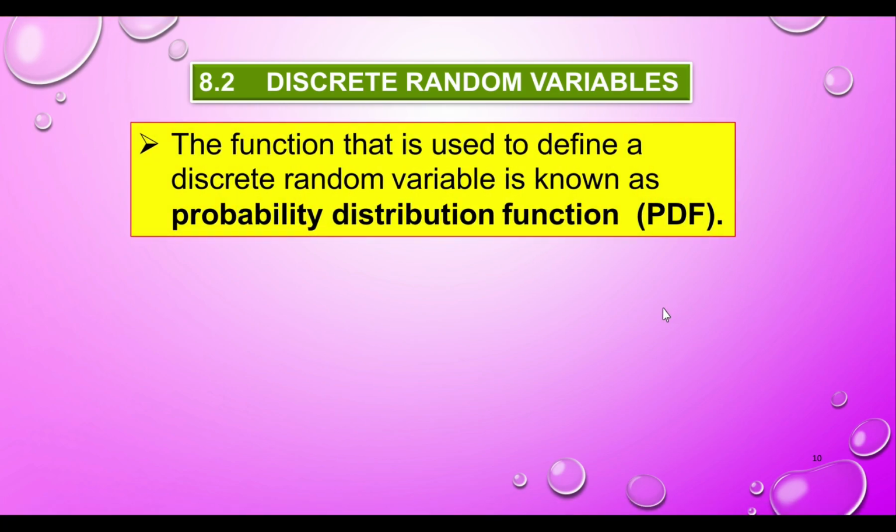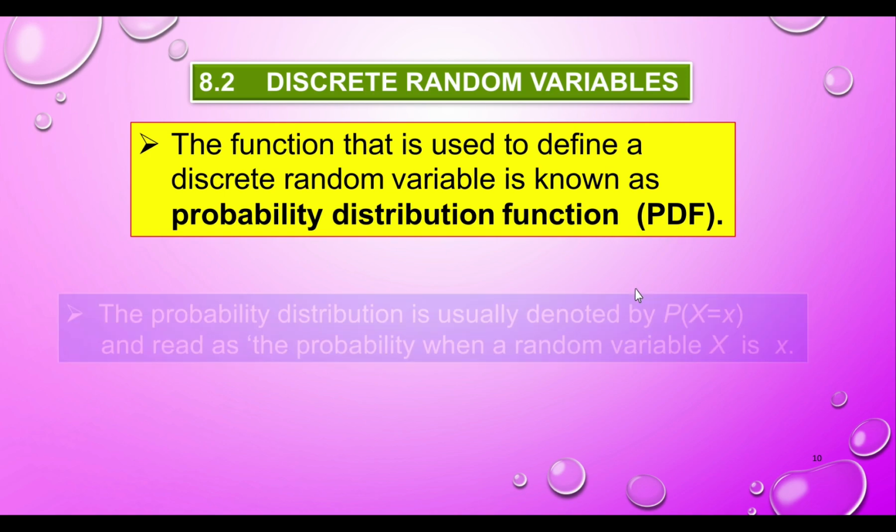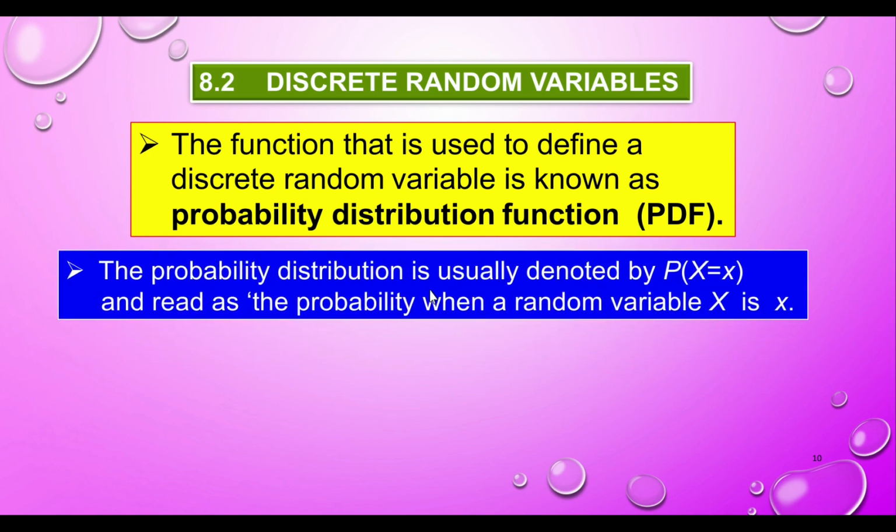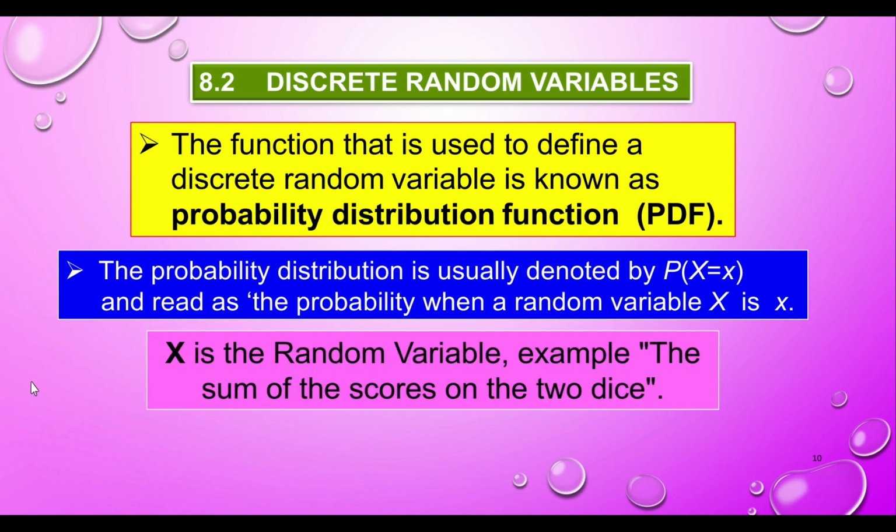Discrete random variable. The function that is used to define a discrete random variable is known as the probability distribution function, or PDF. The probability distribution is usually denoted by P(X = x) and read as the probability that the random variable X is x. The capital X is the random variable.